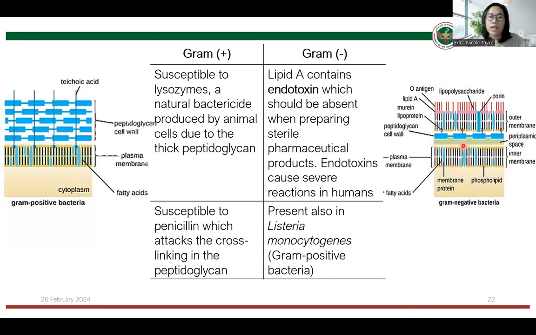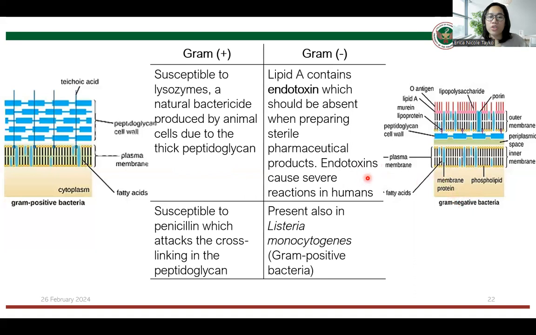So despite having a relatively thinner na cell wall, it contains naman lipid A sa outer membrane, and lipid A is associated with endotoxins present or that is being secreted by your gram-negative bacteria. So these endotoxins, these are parang toxic materials, no, that contributes to the severe reactions in humans when they are infected with bacteria that are belonging to the gram-negative group.